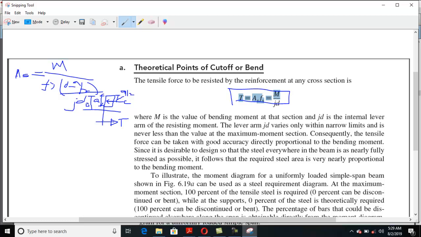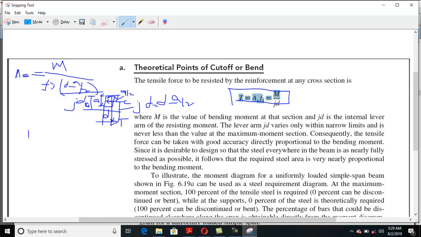This is basically the flexure theory, and you must recall the design of a rectangular beam, the basic mechanics. The distance between this compression and tension is called jd, and the distance from the top fiber of the beam to the tension center is called d. So this distance is equal to d minus a over 2, and the lever arm is equal to d minus a over 2.